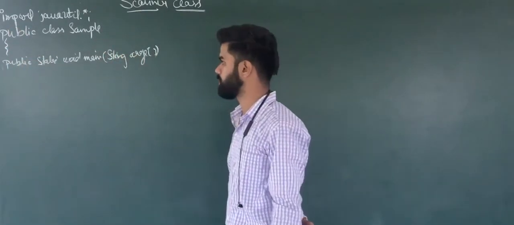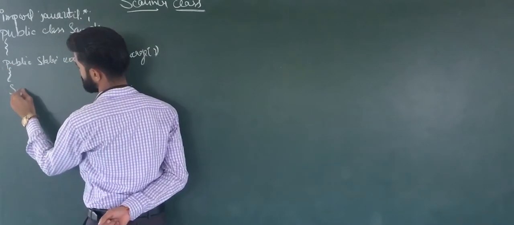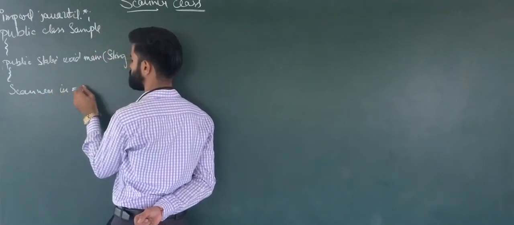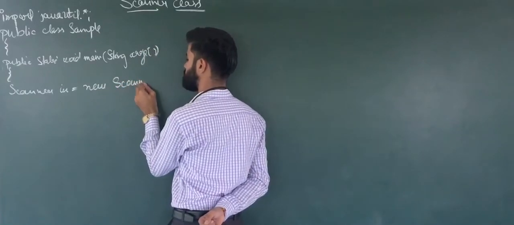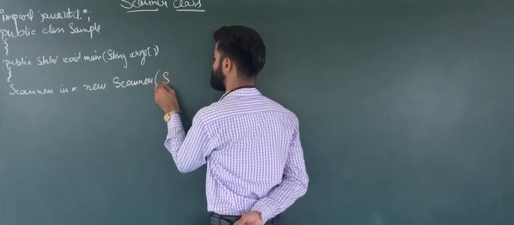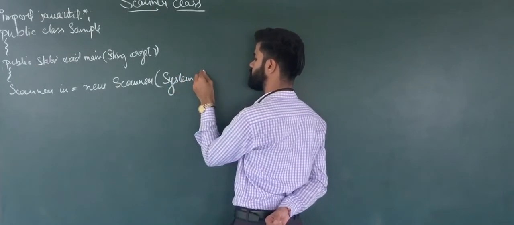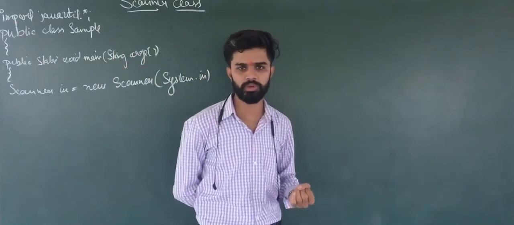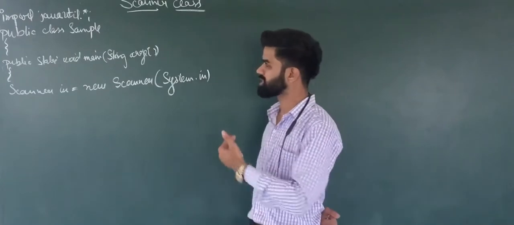And then Scanner in equals to new Scanner(System.in). So basically class, in argument System.in, BlueJ, InputStreamReader, and now the Scanner class.